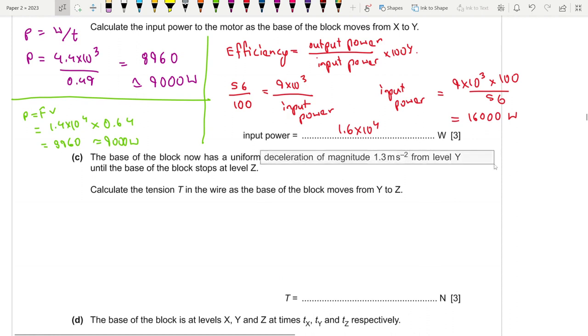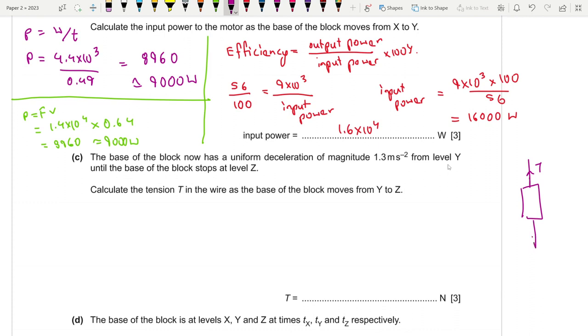Since we are decelerating, that means that the downward force is greater. This is the object, this is tension, and this is weight. And we are moving up, but we are decelerating. So what does that mean? Weight is higher, okay? So we can write that weight minus tension is equal to ma.